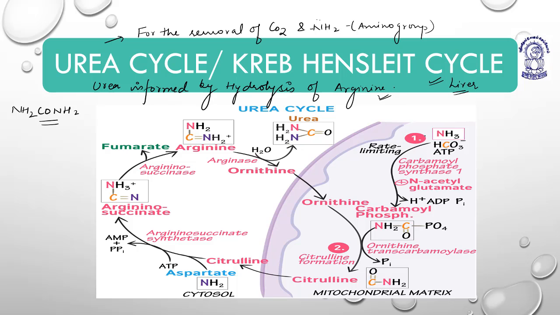In the first step, the ammonia combines with CO2 along with water, in the presence of the carbamoyl phosphate synthetase enzyme and N-acetyl glutamate, and is converted into carbamoyl phosphate.